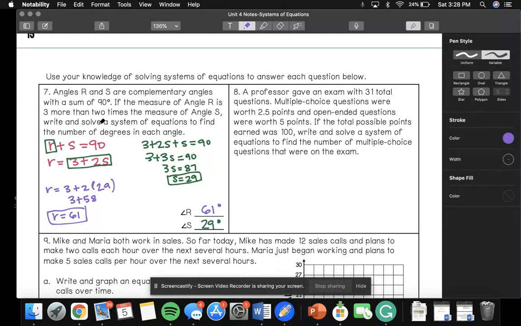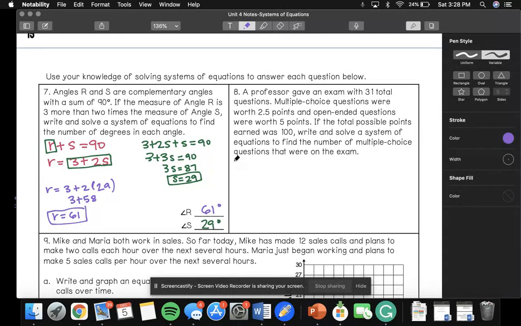Okay. A professor gave an exam of 31 total questions. Multiple choice questions were worth 2.5 points and open-ended questions were worth 5 points. If the total possible points earned was 100, write and solve a system to find the number of multiple choice and the number of open-ended questions, or just the number of multiple choice.